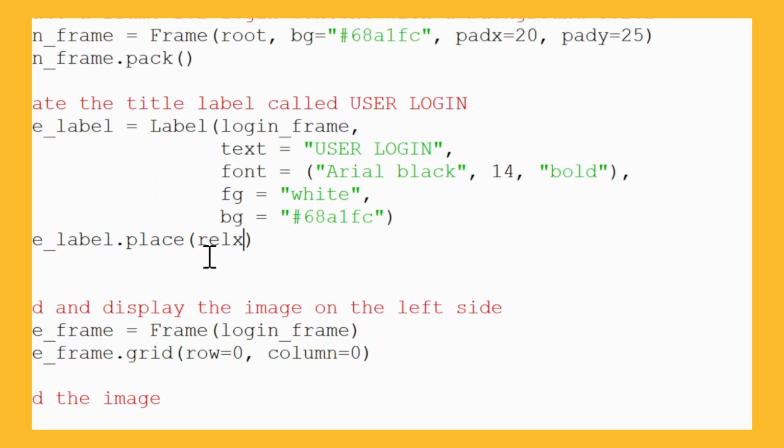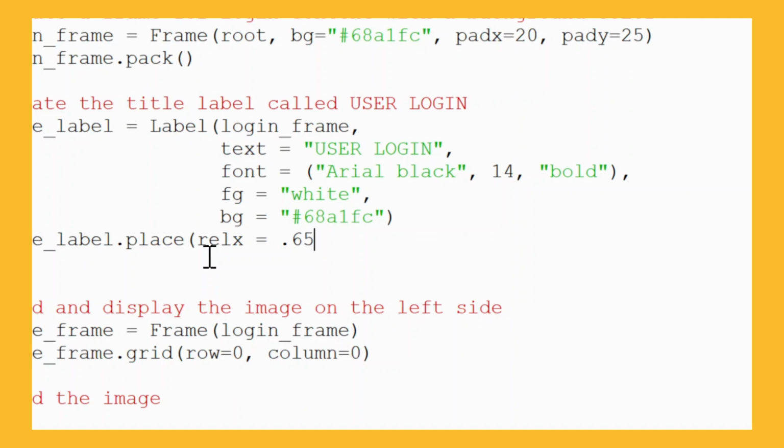Let's say a default we can use 0.65. It's based on the percentage. Now, aside from the relative x, it's also important to indicate the y value. So you just simply put y.